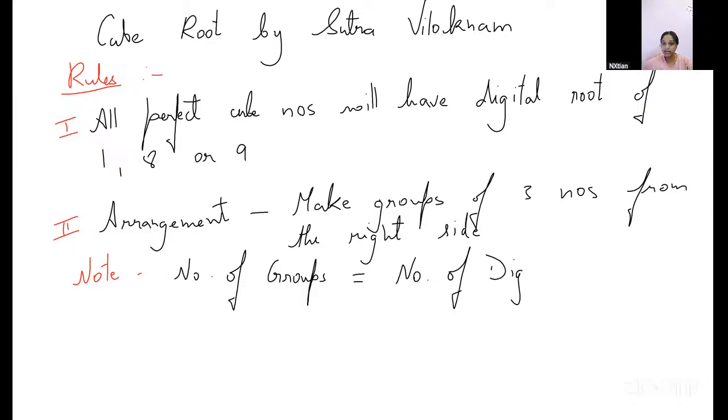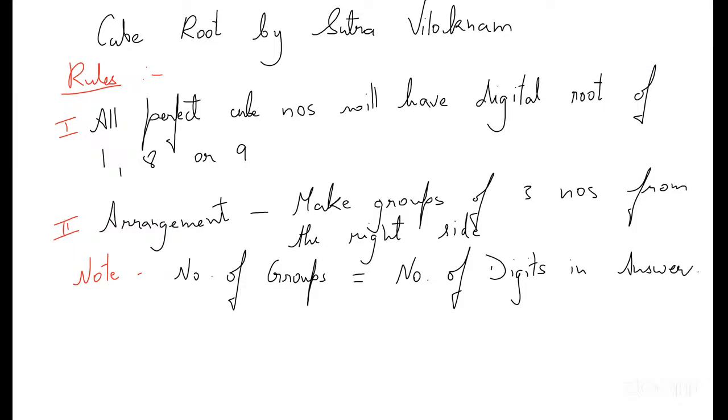Check rule 1 that I have written. Okay, we have to find the digital root, and the digital root answer should be 1, 8, or 9. Ma'am, how do we find the digital root? The same way.